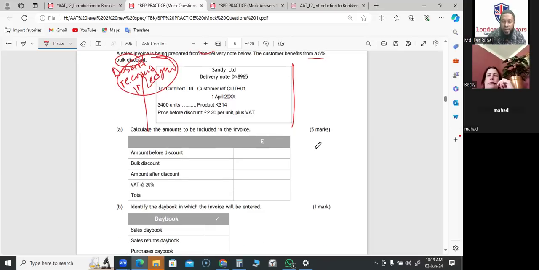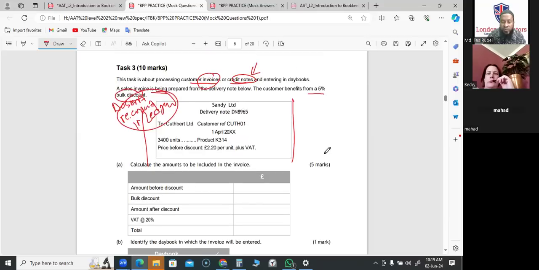Okay, all right. So for 5 marks, we would like to see this delivery note. Sandy Limited, delivery note number, given to customer Cuthbert, their code given, date given, this many items. This is the product code, and this is the unit price.